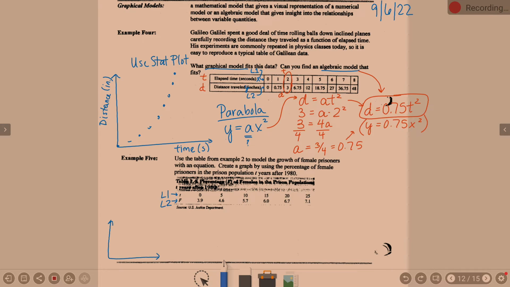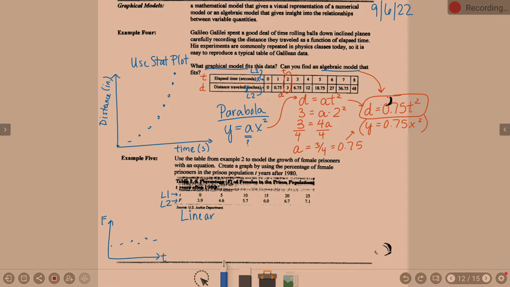The idea is that this is the t-axis, this is the f-axis, and we have 6 dots going across the way, right? Okay. This is going to be linear. So when we ask what graphical model, it's a linear model.